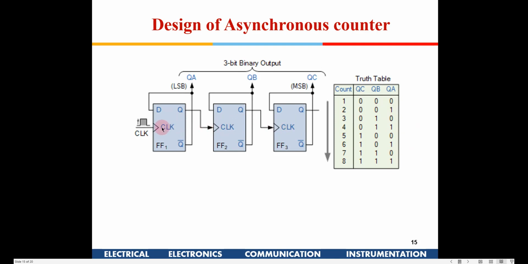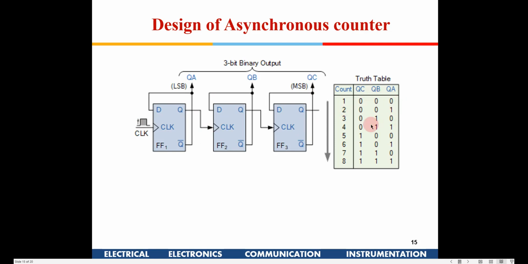So if you see here, this has to be negative edge triggered. In counters we will again revisit this. If it is a positive edge trigger, it will count in the reverse direction. We'll see that. Just understand, in an asynchronous counter, it has to be negative edge triggered. This will be the MSB, this will be the middle one, this will be the LSB, the most significant bit and the least significant bit.